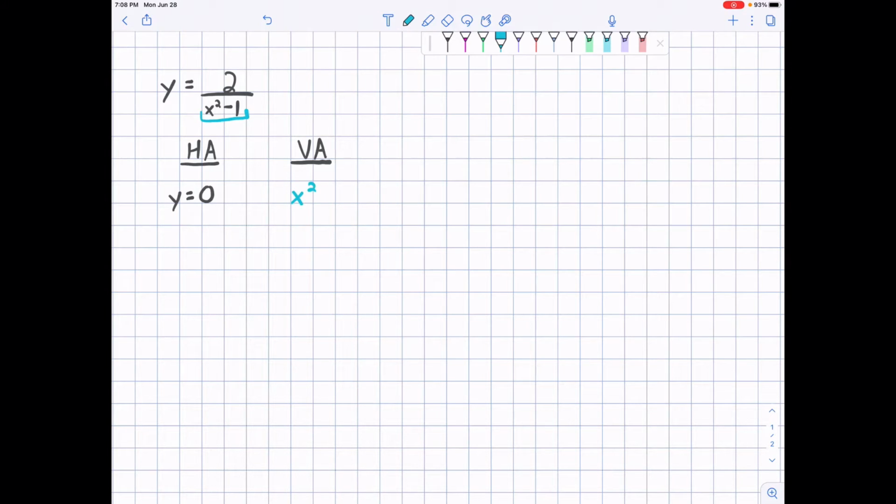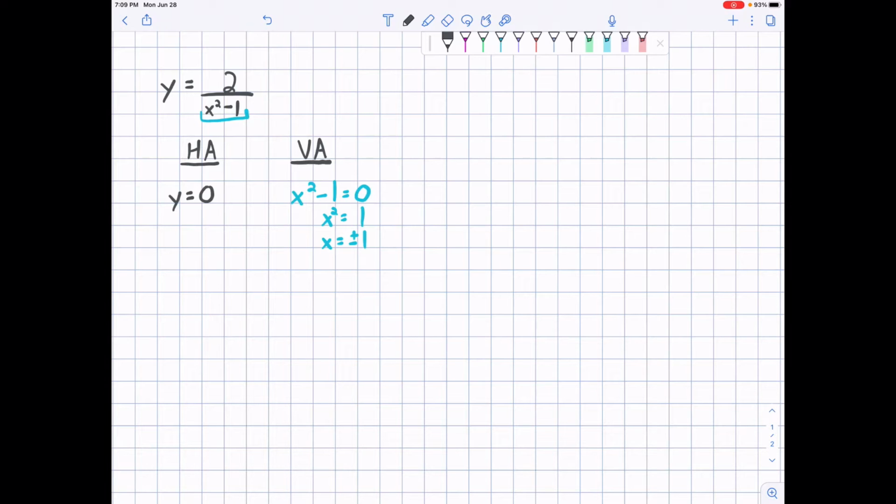So we have x squared minus 1 equals 0. I'm going to solve this using basic algebra. x squared equals 1, and then x equals the square root of 1, which is plus or minus 1. So we've got two vertical asymptotes, x equals 1 and x equals minus 1.